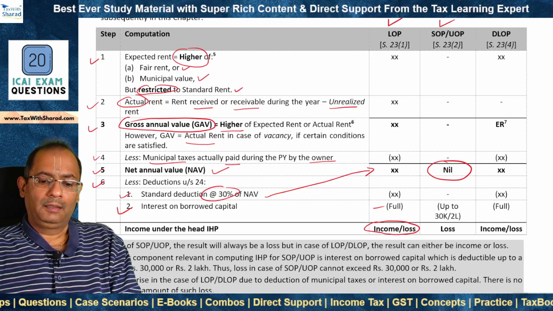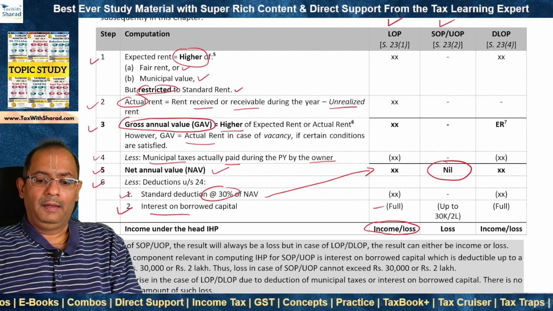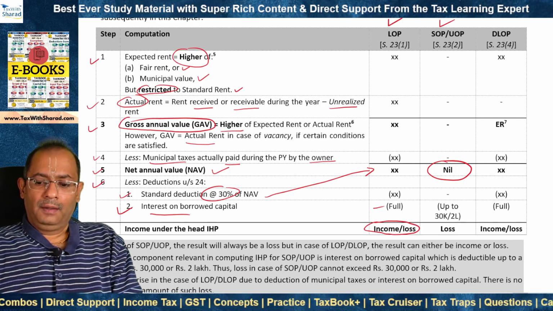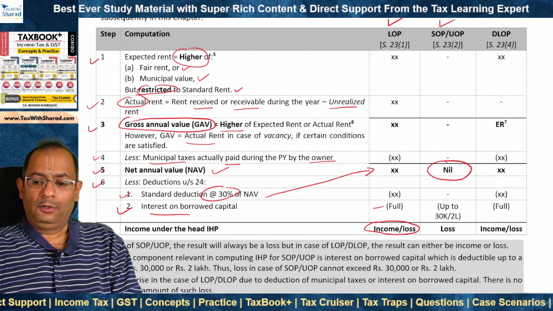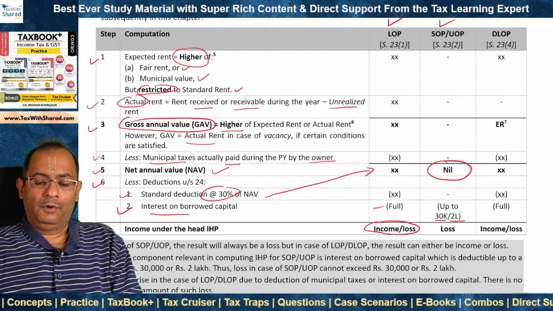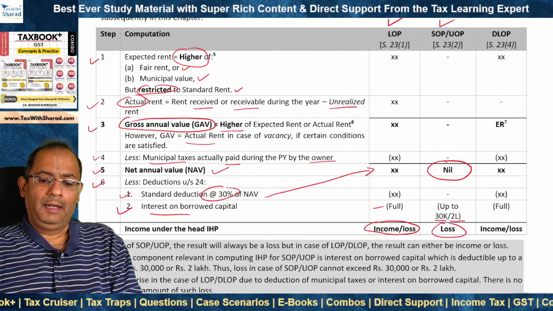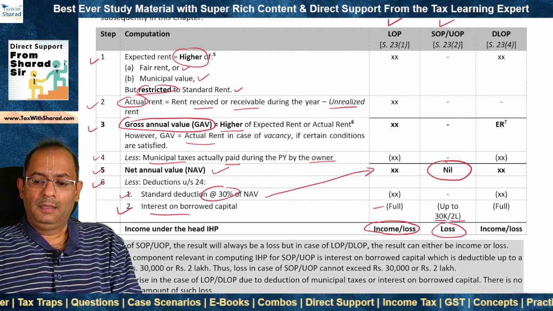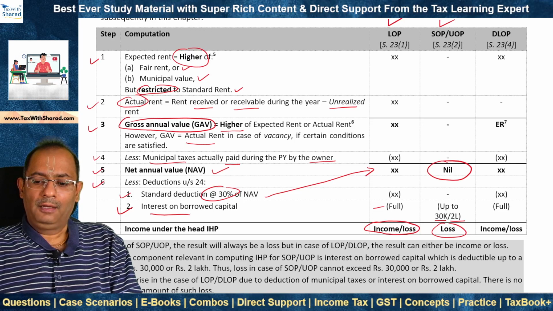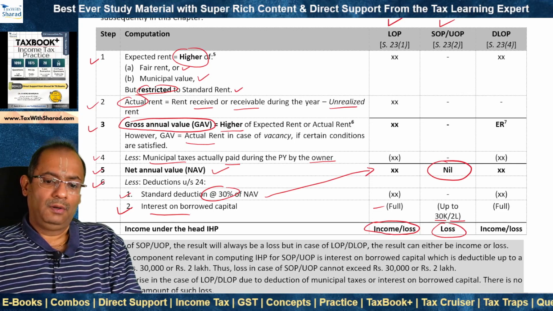What is left to be deducted is interest on borrowed capital. But here, interest is not deductible without any limit. There is a limit of either 30,000 or 2 lakh, and therefore the result is a loss under the head IHP, and the loss can be at most 30,000 or 2 lakh depending on the quantum of interest on borrowed capital.